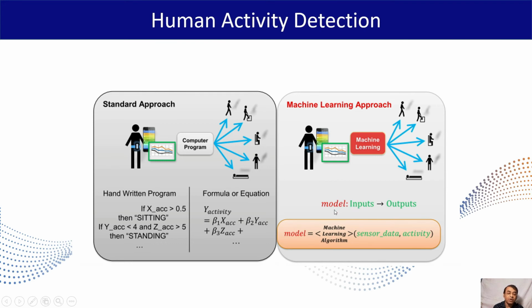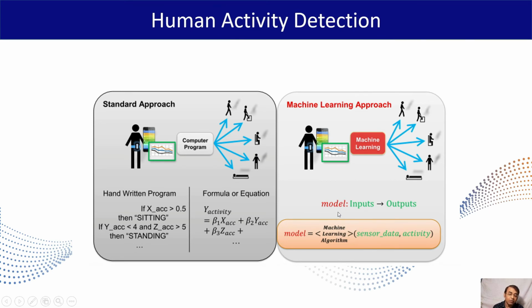You have to give input and the model will give some output, whether you are standing, sitting, or walking. So what is the approach? You have to give different sensor data and the activity into machine learning algorithms and make a model.